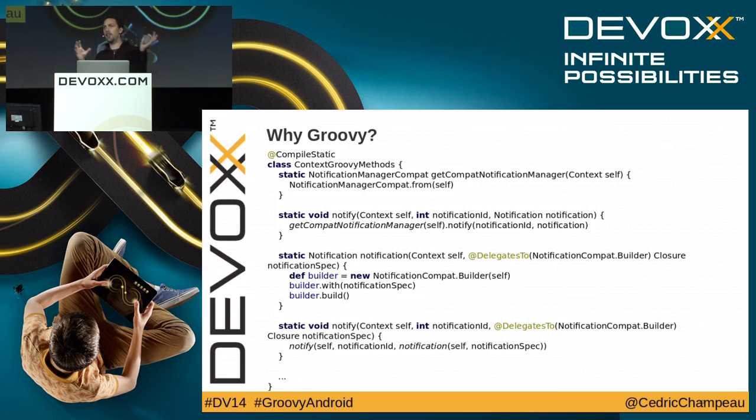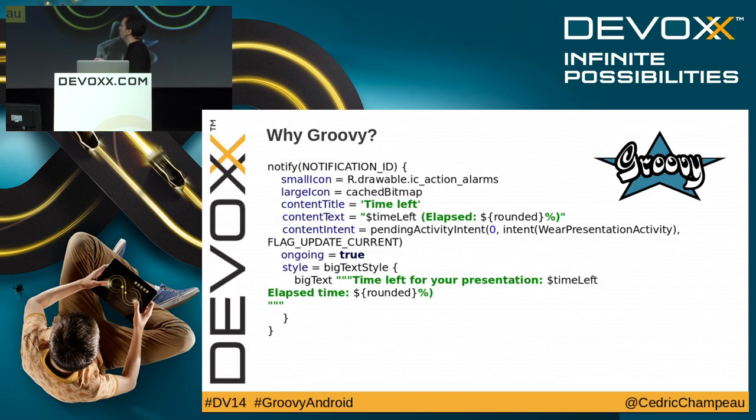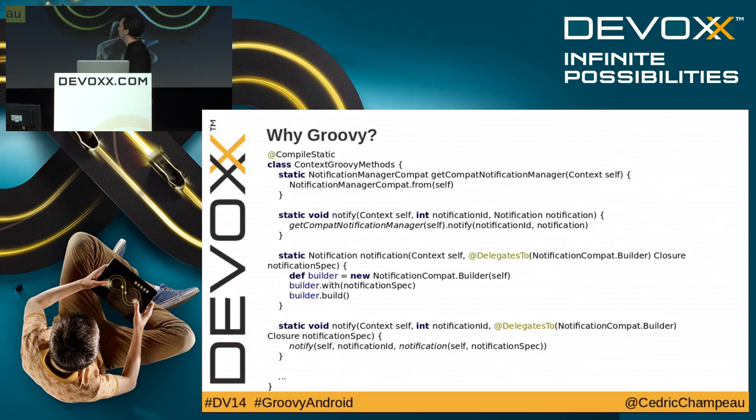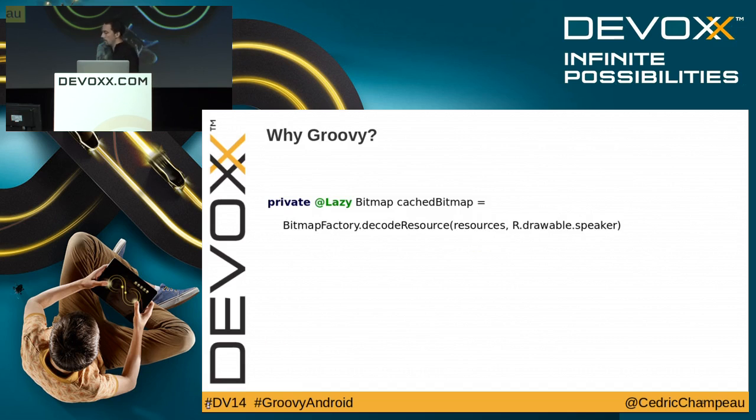So you have to use external classes and pass a first argument. With Groovy, you just reverse the thinking and say, okay, the receiver is a context, and now I have methods directly available. So the notify method here is actually this one, called on a context. So self becomes the receiver, and then you have the closure. Okay.